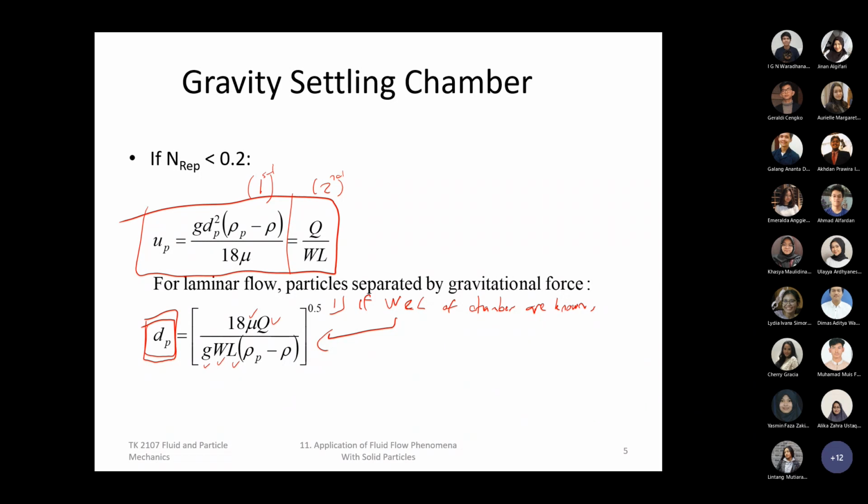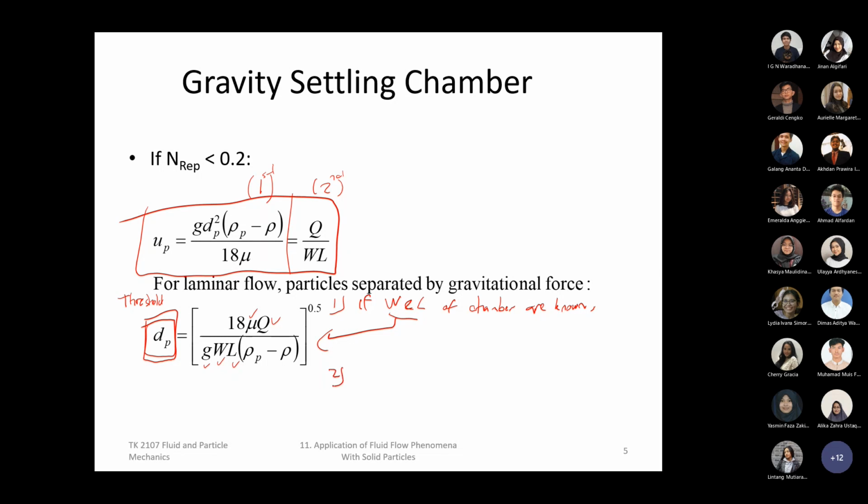The smaller the particle, below this threshold, you can assume it as a threshold, right? If your actual particle is below this threshold using this formula, you will not be able to separate the particle using this defined dimension of the chamber. So that's the first approach.